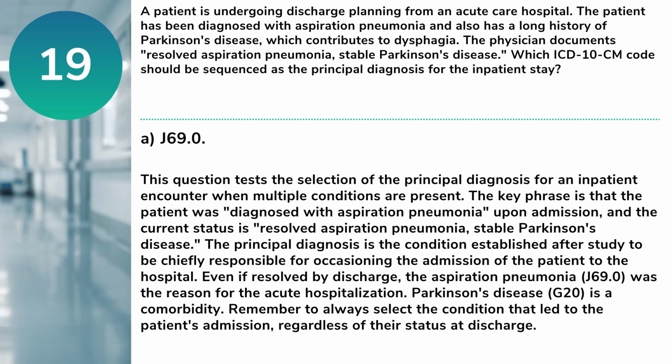The principal diagnosis is the condition established after study to be chiefly responsible for occasioning the admission of the patient to the hospital. Even if resolved by discharge, the aspiration pneumonia, J69.0, was the reason for the acute hospitalization. Parkinson's disease, G20, is a comorbidity. Remember to always select the condition that led to the patient's admission, regardless of their status at discharge.